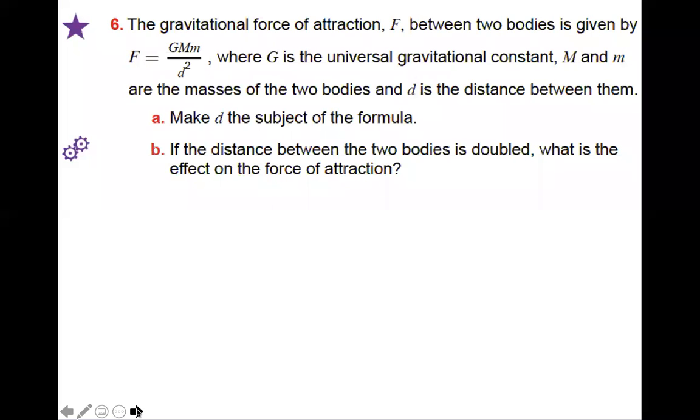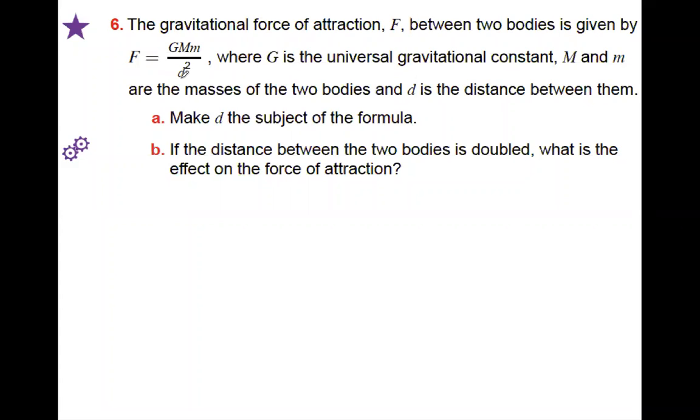So let's see, first of all. So these are like problem solving type. We've been told that the gravitational force of attraction, that's what we call F, as a force, so it's usually in Newton, between two bodies is given by F is G, M, so the mass of one of the bodies, times the mass of the second body, divided by D, the distance between them, squared.